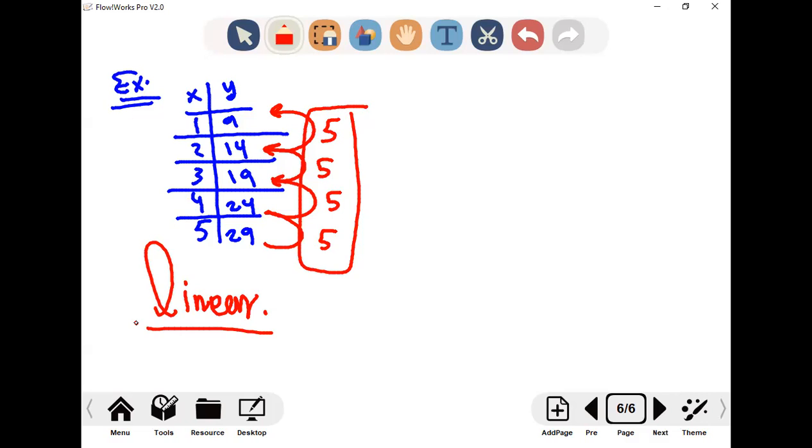Not powers, I want subtraction, only differences. Now what do we call these fives? We call them first differences. So if the first differences are all the same then we call it linear, if it is not then it is not. Okay, let's do it.